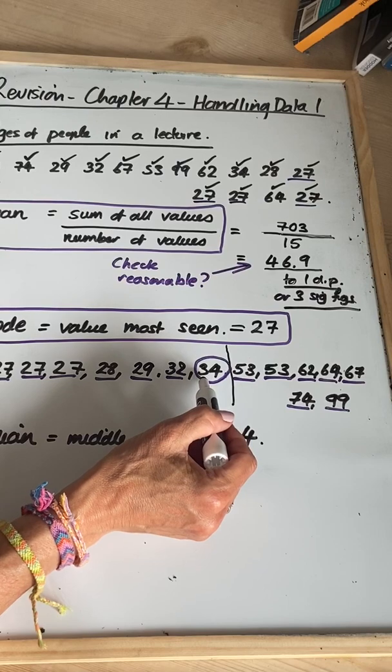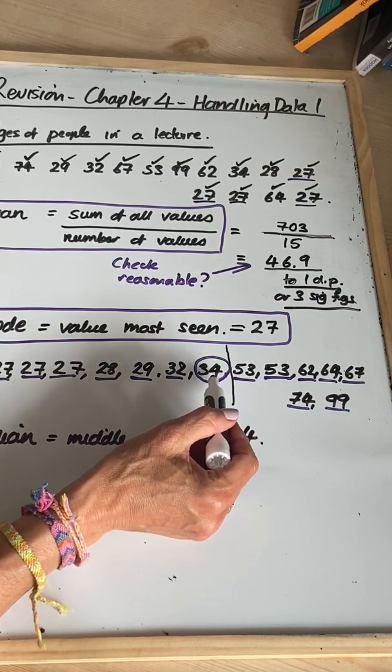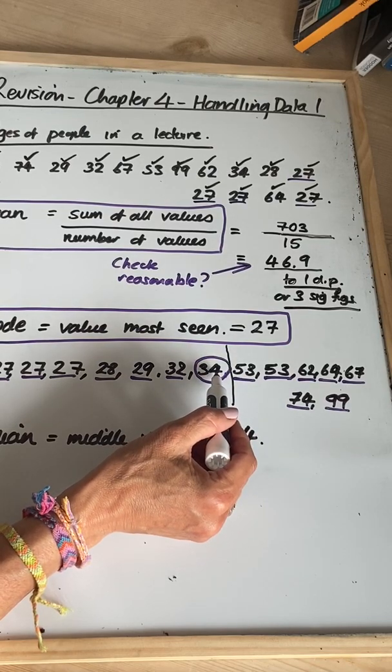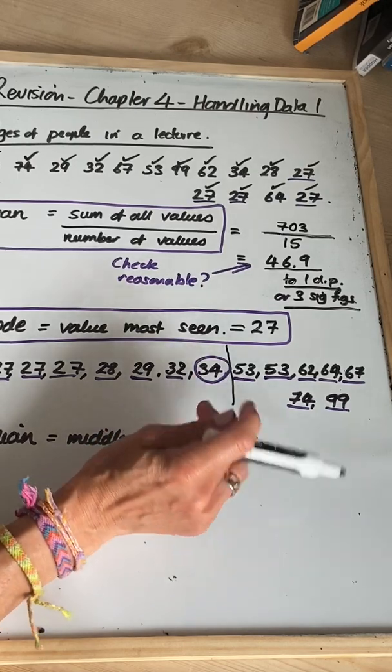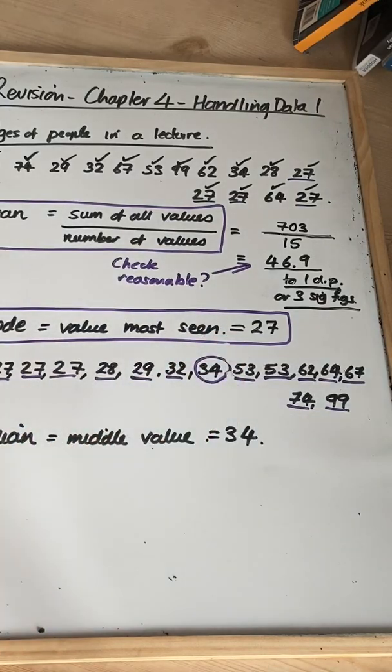And the way to find the halfway point between two numbers is to add them together and divide by 2. So they would be 87 divided by 2. That would give me 43.5, which would be halfway between those. Okay, so just bear that in mind. But we don't need that on this one because we've got a middle value.